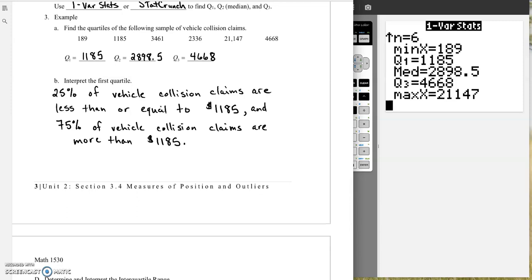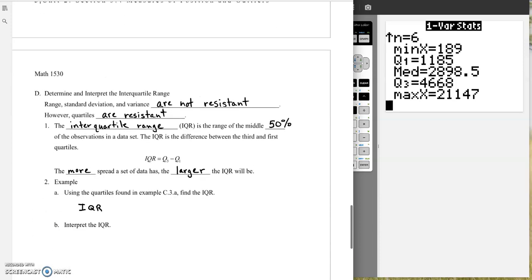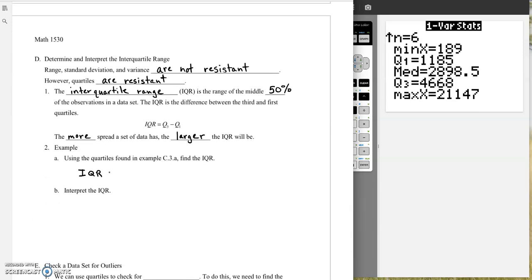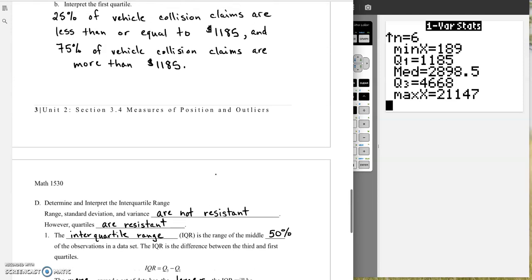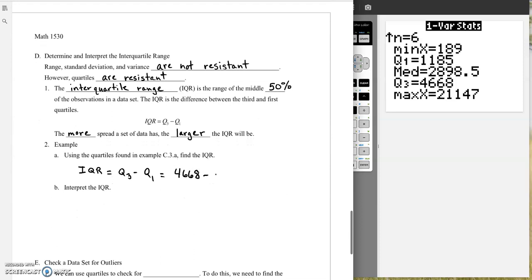So Q3 is 4,668 and Q1 is 1,185. The IQR is Q3 minus Q1, which is 4,668 minus 1,185.